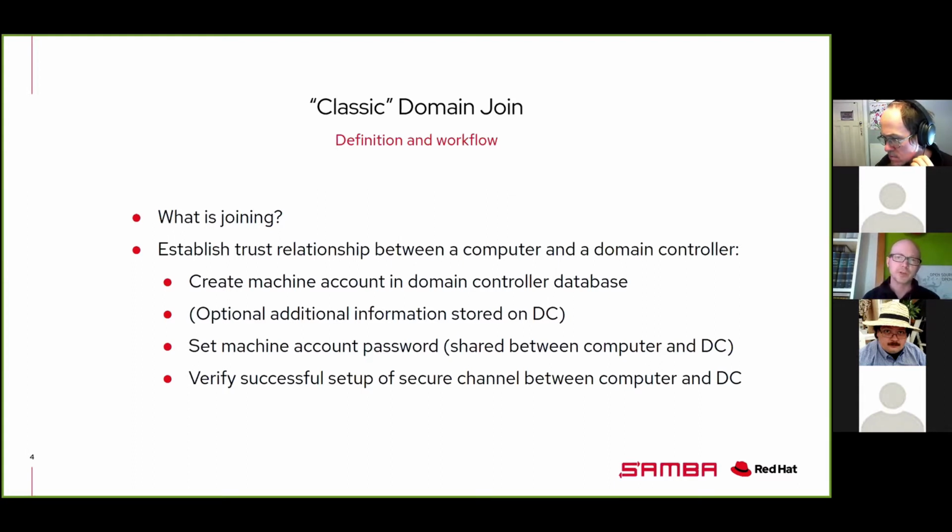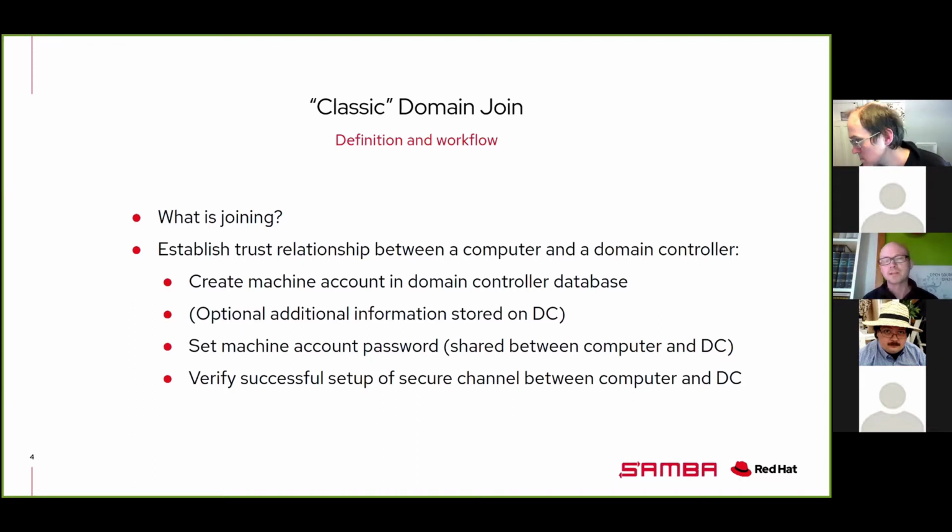So you store information in there, which consists of the properties defining a machine, like the machine account name, and in particular also the machine account password, which is then the shared secret between the computer and the domain controller, allowing you to establish all kinds of secure operations between these two parties.